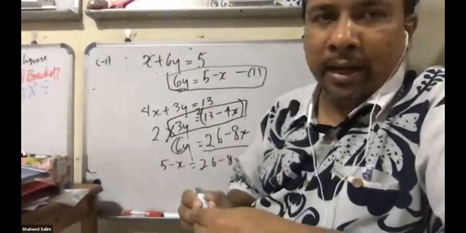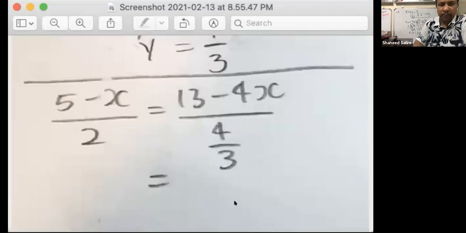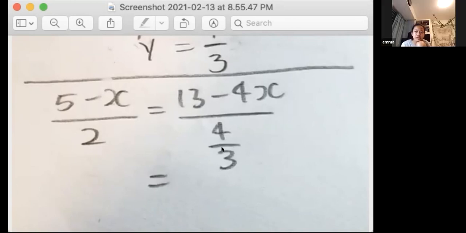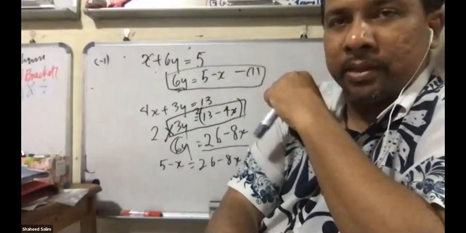So down here now, let us look at what we have done over here. So you put this divide by 2, 4 over 3. So I need to know how you get this thing. This one. 1 over 3 times 6. Oh, okay. Let me see.